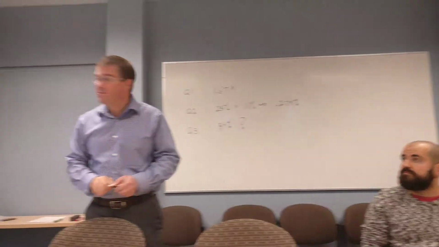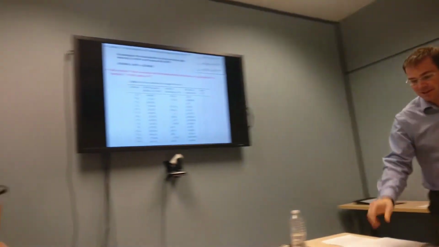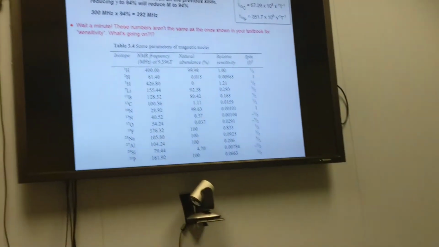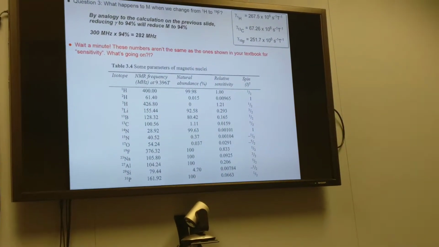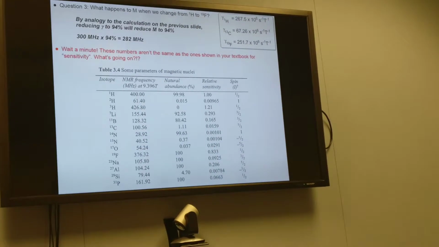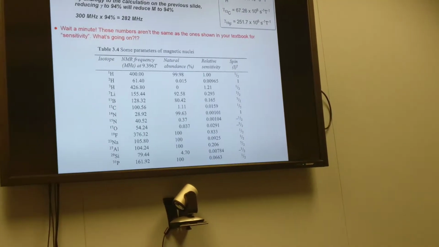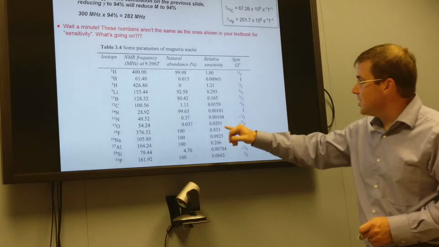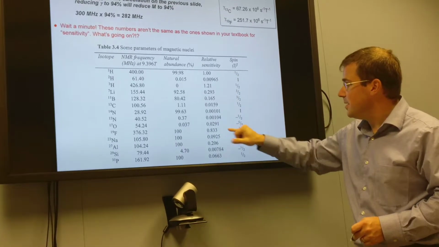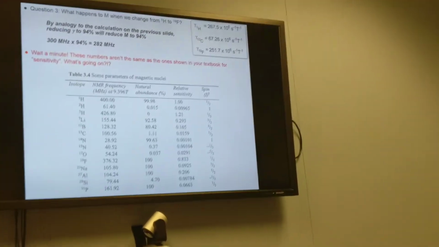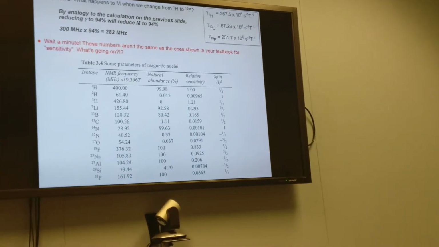But then, if you dig a little bit deeper, and particularly if you look in your book, you'll find this table of sensitivity values and natural abundance values. And you'll see that the sensitivity in a fluorine NMR experiment is not 94% as sensitive as a proton experiment. It's actually about 83% as sensitive as a proton experiment.